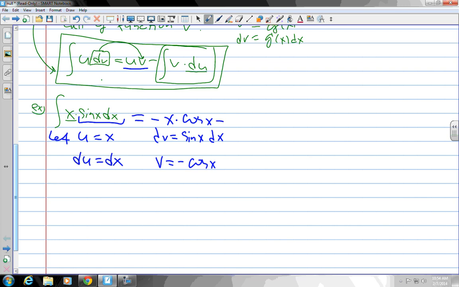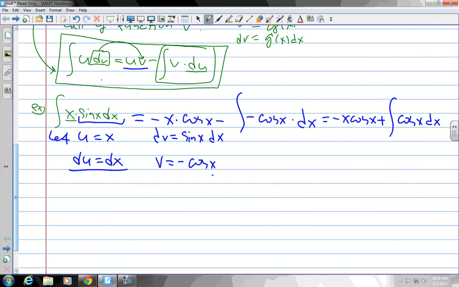And then minus the integral of v, so that's another negative cosine x, times du. Du is simply dx. So the two negatives give me a positive, so negative x cosine x plus the integral of cosine x dx.